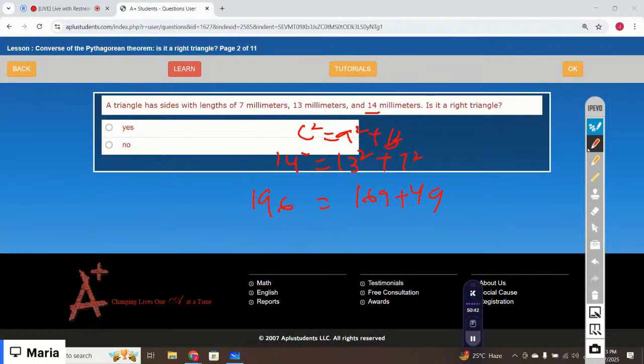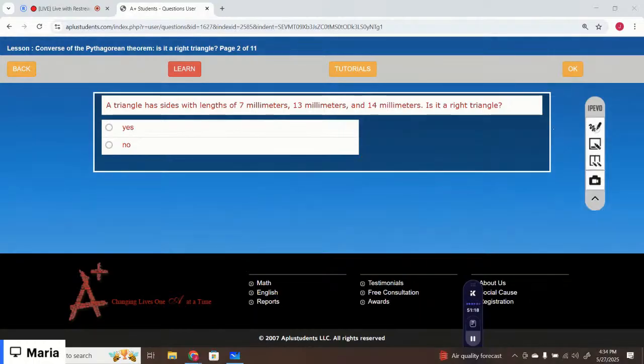So 169 plus 49 equals 218. So 196 is not equal to 218. So no, that is not a right triangle.